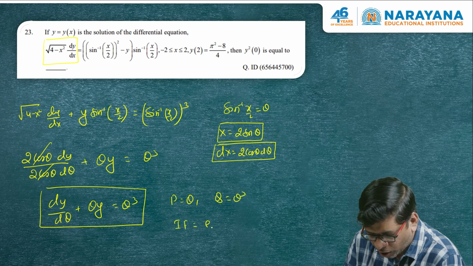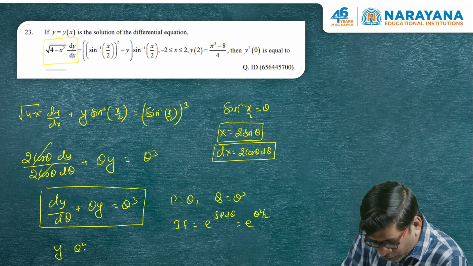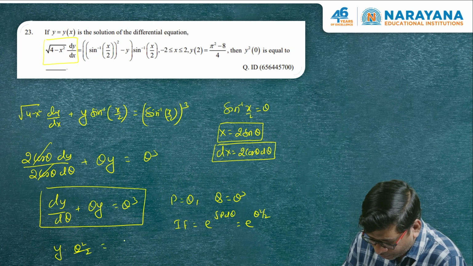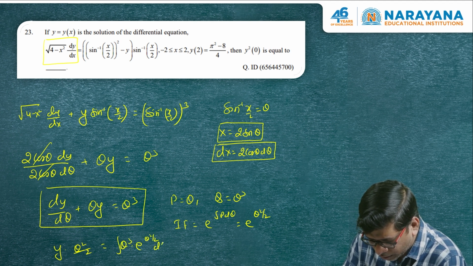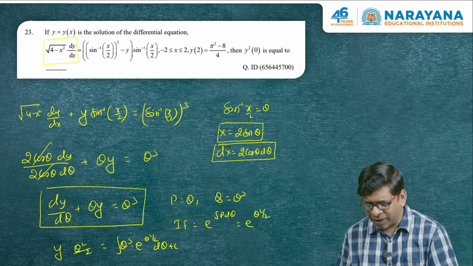Integrating factor e^(integral of P d theta) means e^(theta squared by 2). So what is the solution? y into IF, y times e^(theta squared by 2) equals integral of Q into IF, theta cubed e^(theta squared by 2) d theta plus c. Finally, we will again substitute back the value of theta as sin inverse(x by 2).